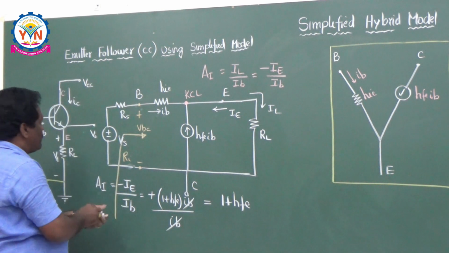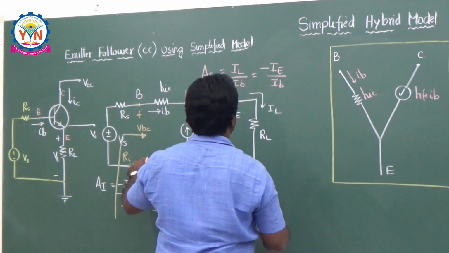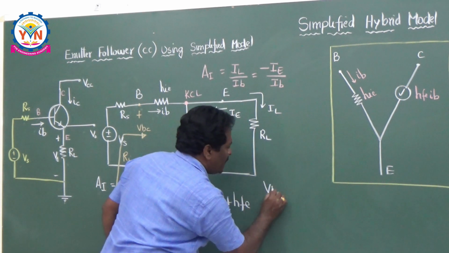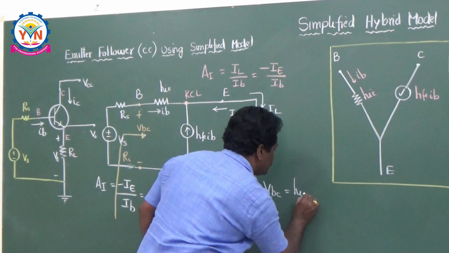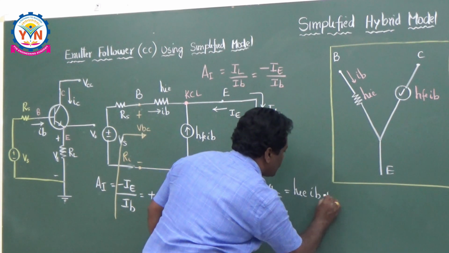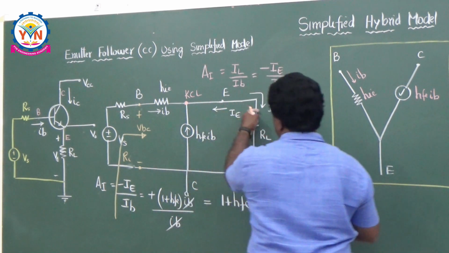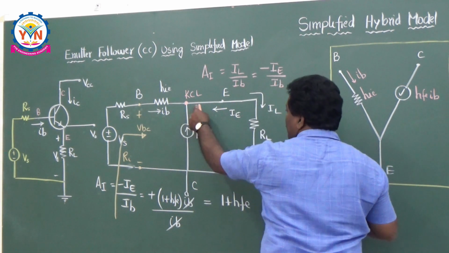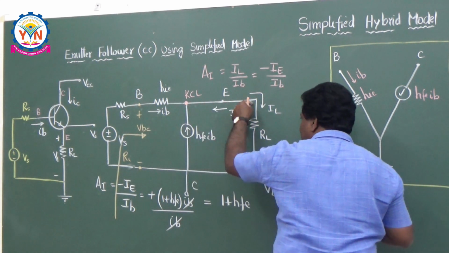So what will it be? VBC is equal to HIE times IB plus RL into, what is the current flowing through this? IB and HFE times IB, they sum up here and come in this direction.